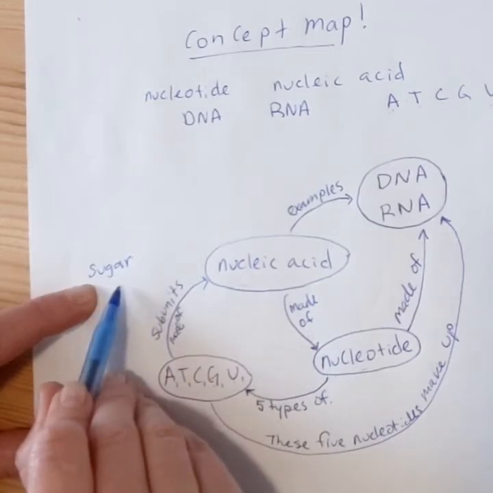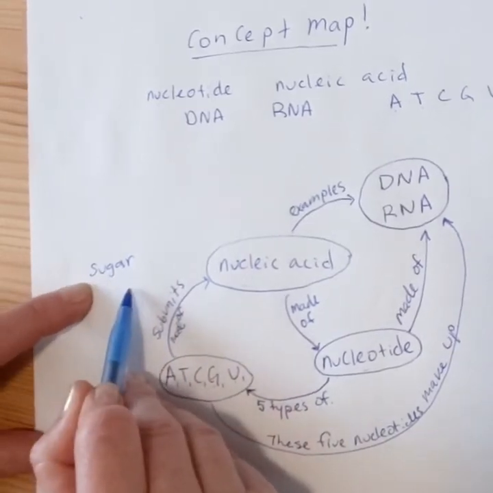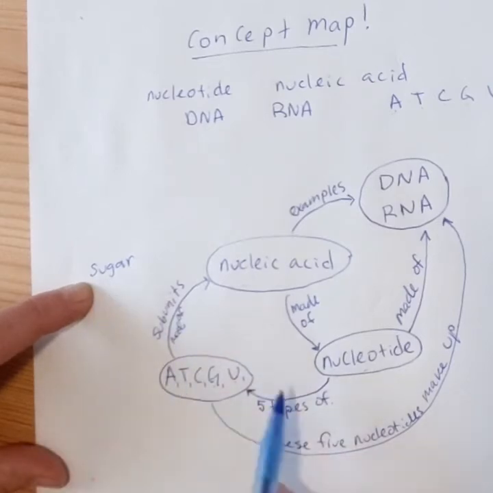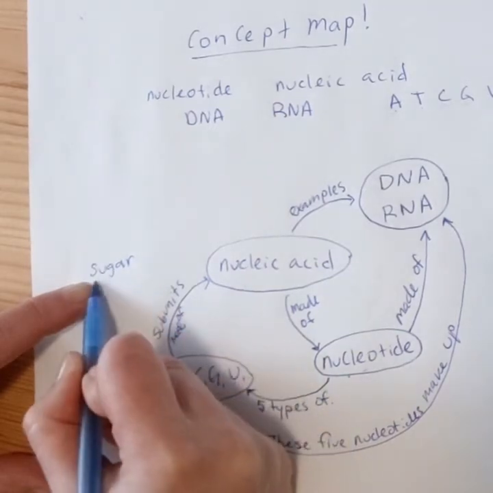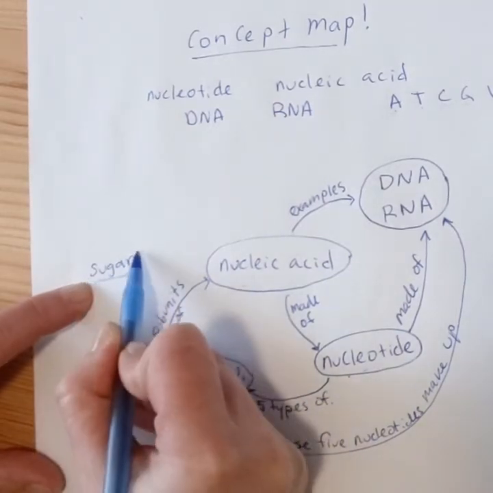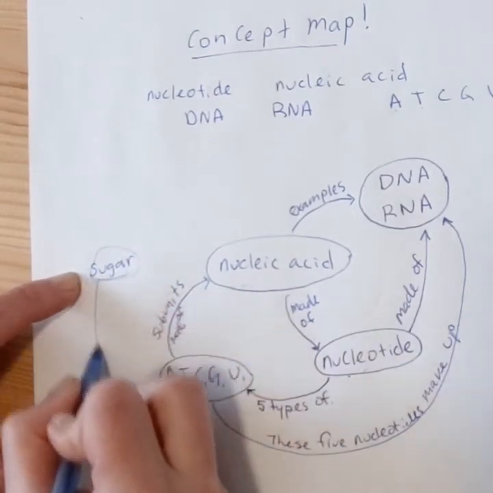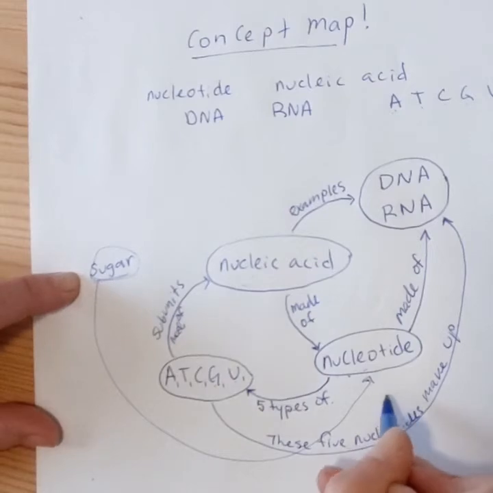Even though it's totally a word that I know and I use all the time, it's not something I understand in this context. So then I would go back to my textbook and I'd read about it, and then I'd learn, oh, nucleotides are composed of 3 parts. One of those is a ribose sugar. And so I could take this sugar and I could put it back in and say, it's one of the parts of a nucleotide.